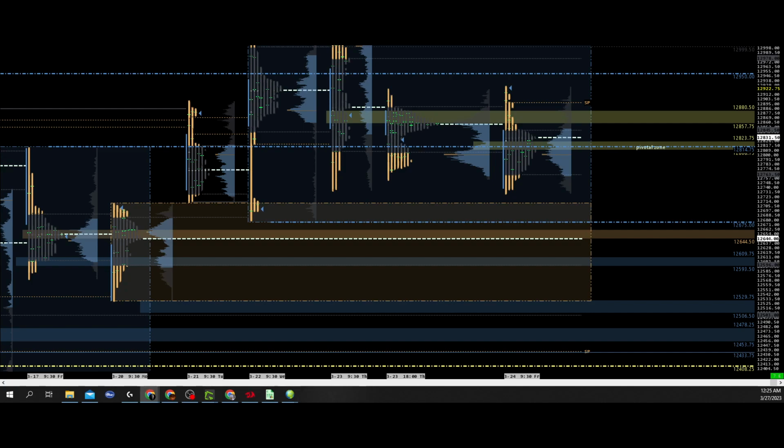I find it hard to believe, at least without news or a catalyst, that we see much below this area right down here, this island day, maybe peeking below it a little bit. But the trade that I would like to be stalking is a dip to be bought.